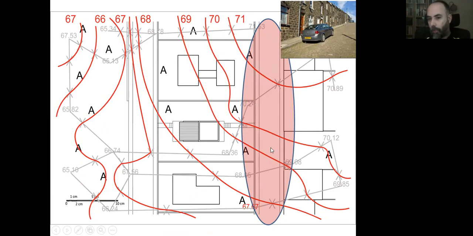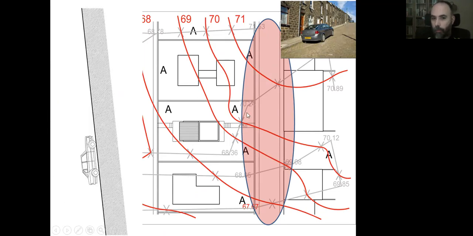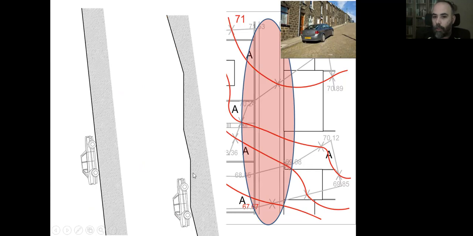There should be equal gaps between them. Otherwise, the slope of the road cannot be like this. However, we want it to be like this. It shouldn't be like that, because if we do that, the cars cannot move on this road.